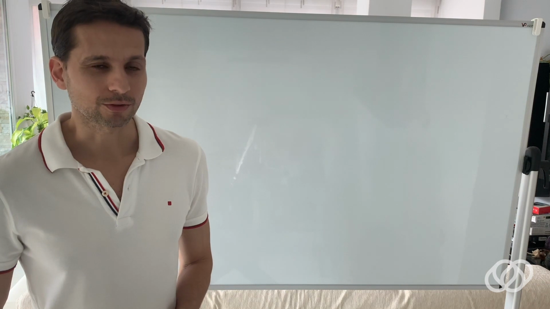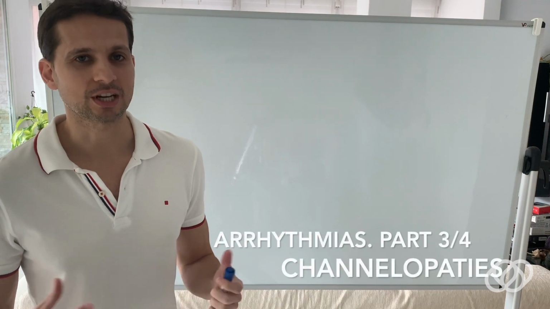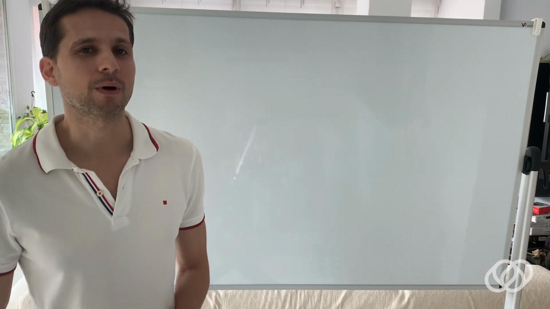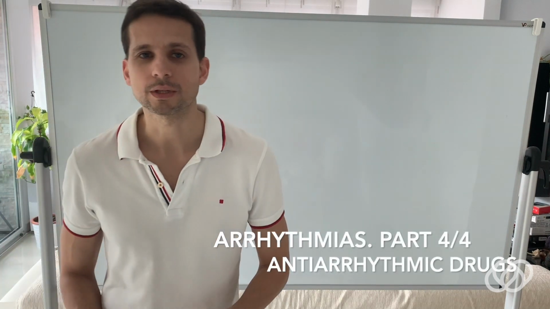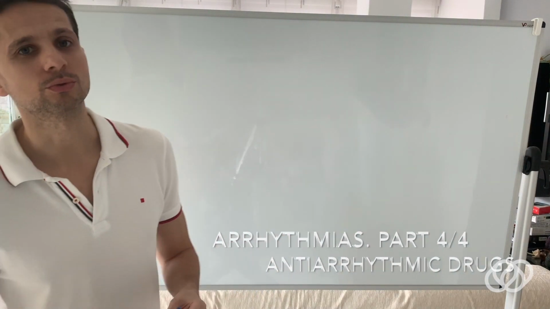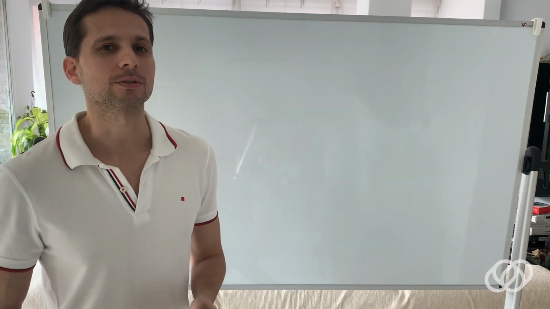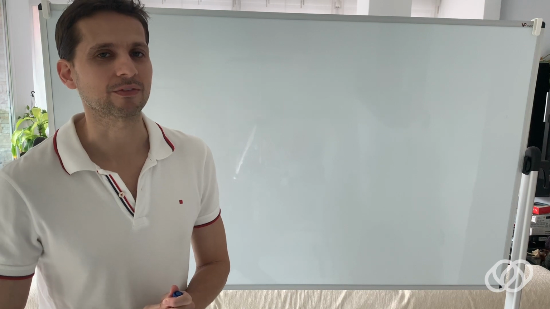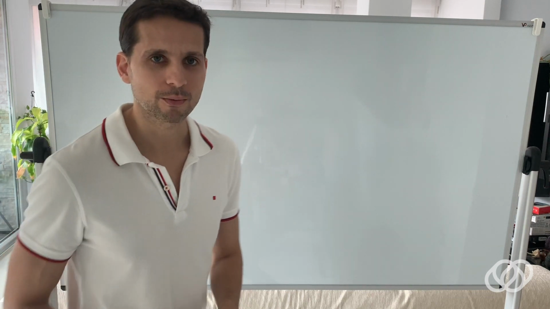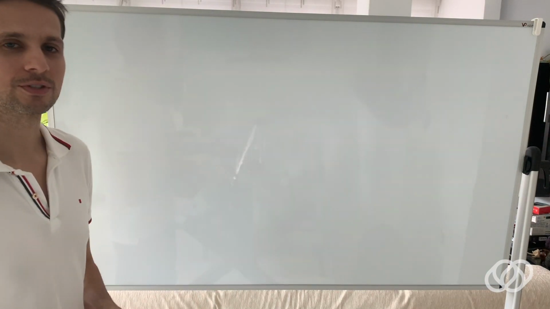In the third part we will talk about the channelopathies, and in the fourth part we will talk about anti-arrhythmic drugs. So I highly encourage you to go by order so that we can understand everything and we don't have to memorize anything. So we are going to begin with the first part, the physiology.